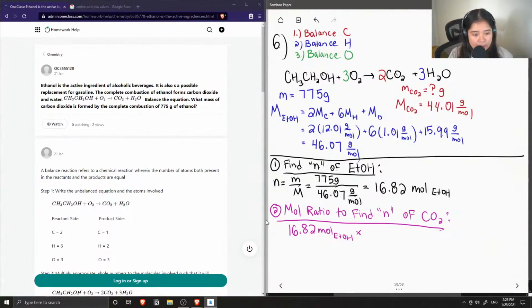We know that 2 moles of CO2 is formed for every 1 mole of ethanol. We can double check that we did the molar ratio correctly if you see that the moles of EtOH cancel out, and we're left with the number of moles of CO2. When you multiply 16.82 by 2, you get 33.64 moles of CO2.